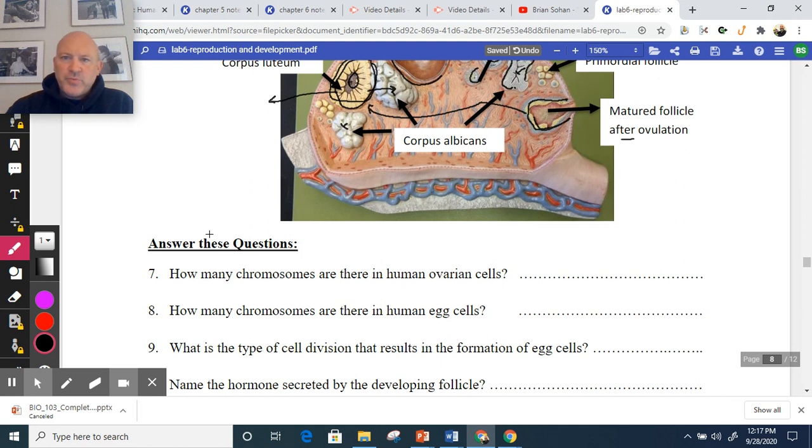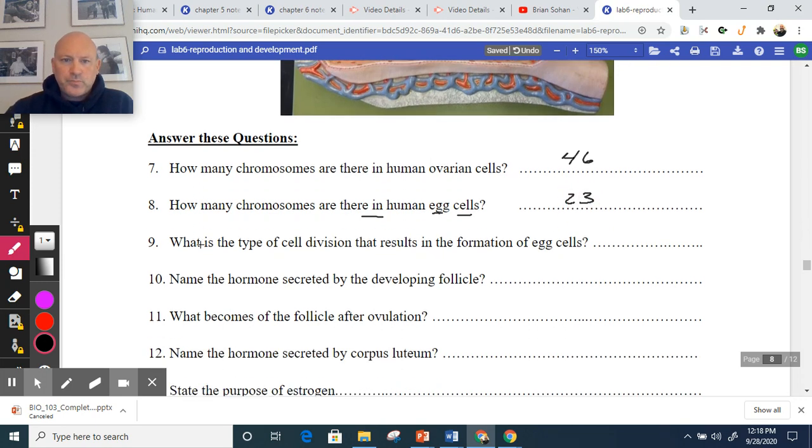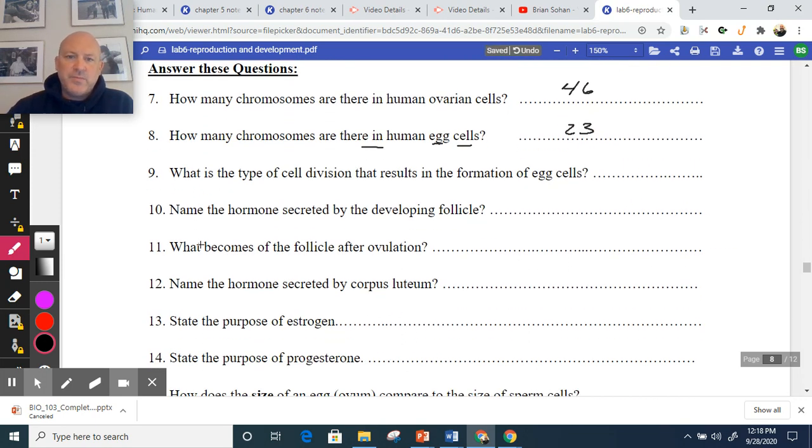How many chromosomes would there be in the cells that make up the structure of the ovary? Well, the ovary is part of the body, right? So all body cells have 46 chromosomes. However, the egg cells themselves have 23 chromosomes. And they are made by a special cell division, just like in the males, called meiosis.